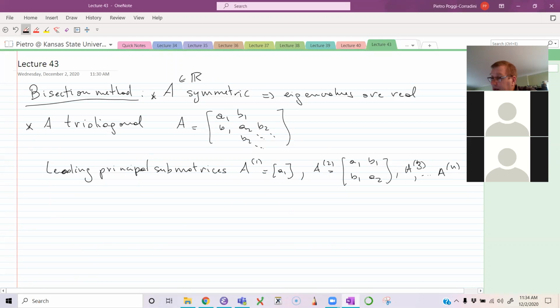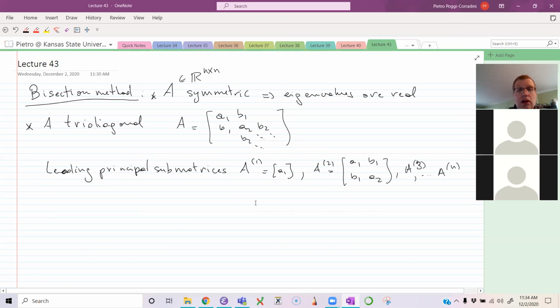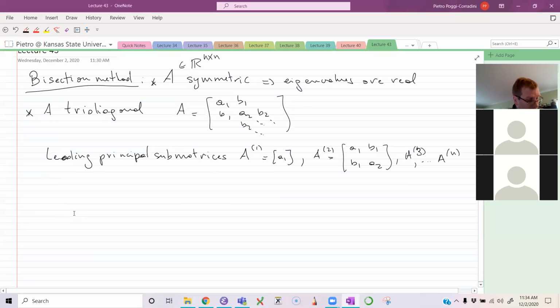So that should be n by n. All right, so this is the leading, sort of like we did when we talked about LU decomposition, we were looking at the leading principal submatrices and asking that they were all non-singular, right?